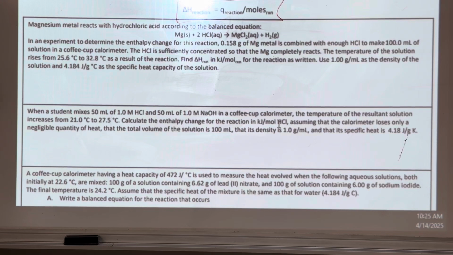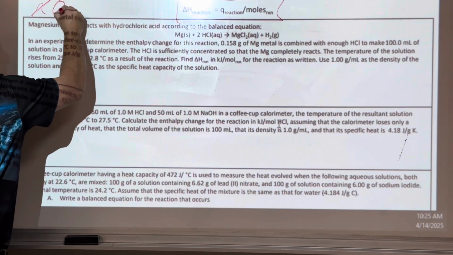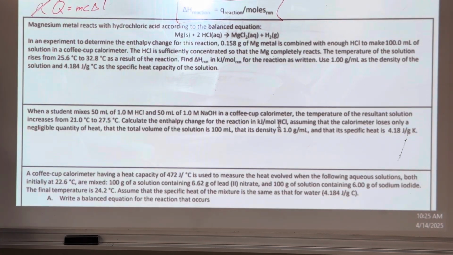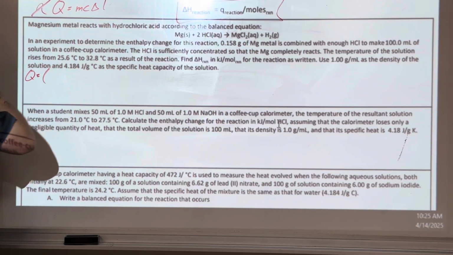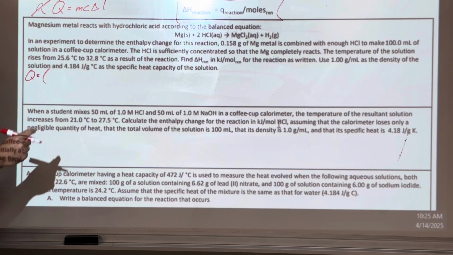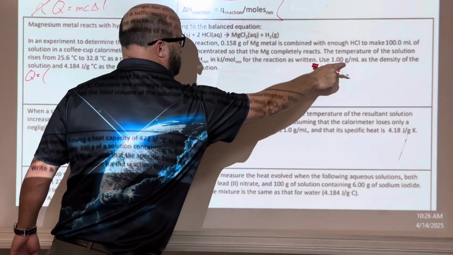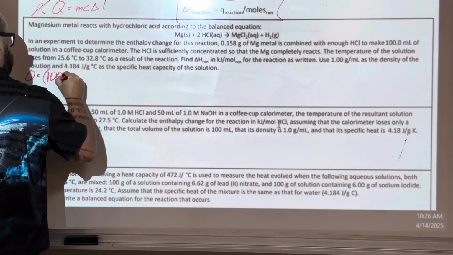First up, we've got to get Q using MCΔT. So, I like big Q equals MCΔT. Q is already isolated. So to find Q, we take the mass of the total, not just the magnesium, and it's 1 gram per milliliter, and we have 100 milliliters, so 100 grams.